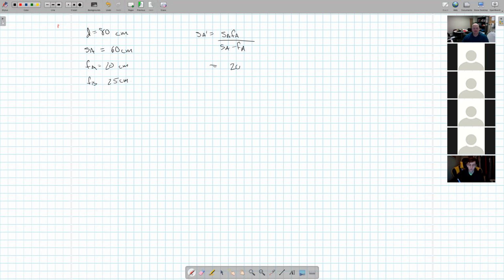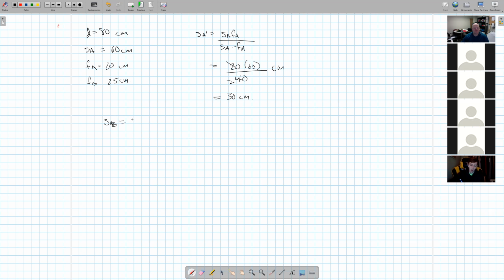So this is going to be 20 times 60 divided by 40, all with units of centimeters. What this gives me is a 2, so this should be equal to 30 centimeters. Good. From here, I can now find my new object distance.